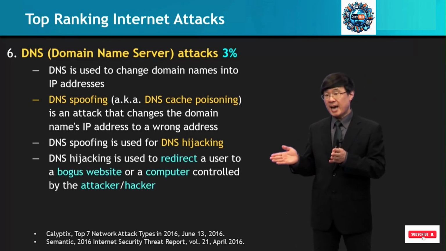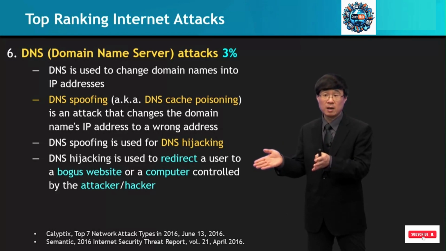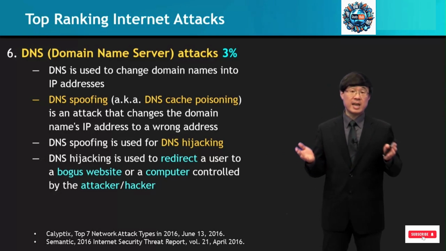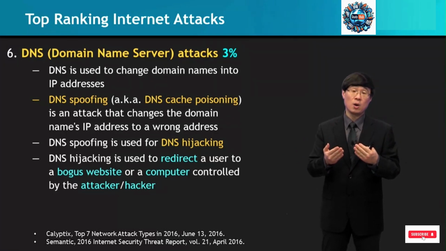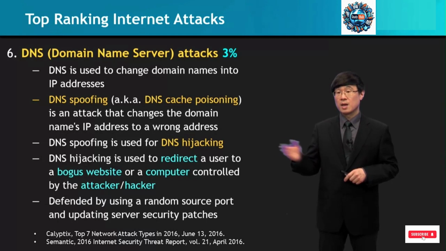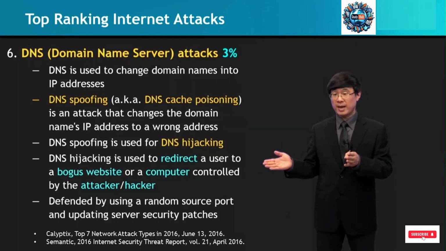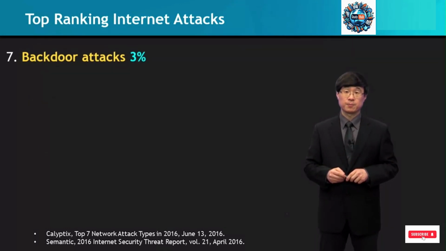DNS hijacking is used to redirect a user to a bogus website or the hacker's computer. The dangerous and scary thing about this is that the user does not know that they're connected to a bogus server or to the hacker's computer. This can be defended by using a random source port and updating server security patches very frequently.